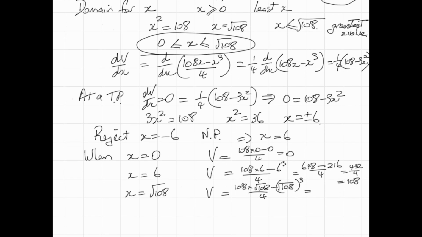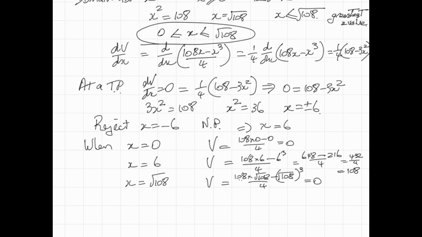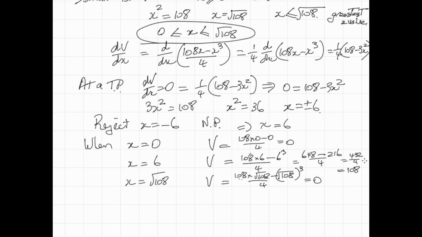Now that's like the square root of 108 squared, so that's like the square root of 108 all raised to the power of 3. And this is minus the same thing all over 4, so that's going to be equal to 0. And that doesn't surprise us. This was the scenario where we had no height whatsoever. So it looks like we're going to have a maximum volume in the range of 108.